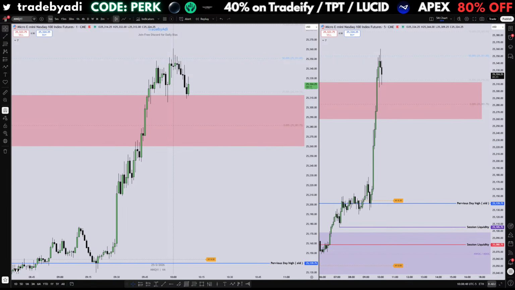I think there was more information about the order blocks. Let me open up my Obsidian for you guys. Let me check it. Okay, so I found the example.